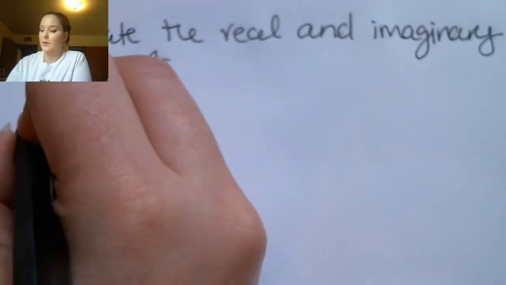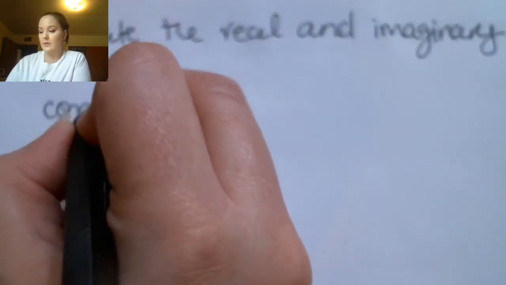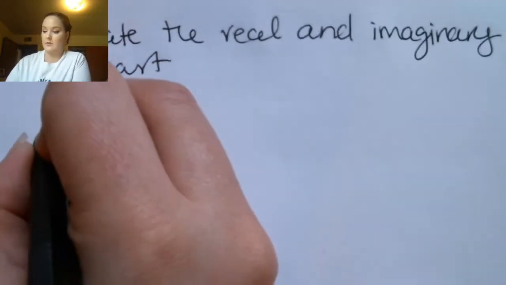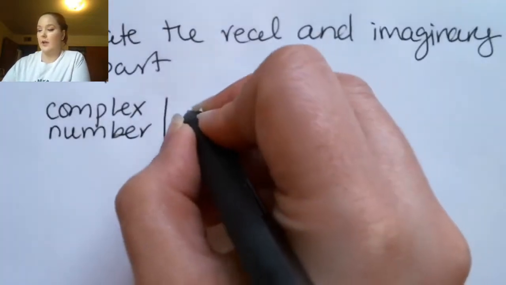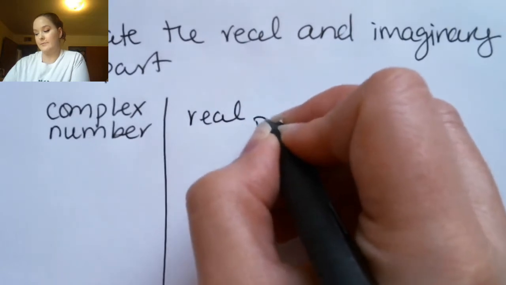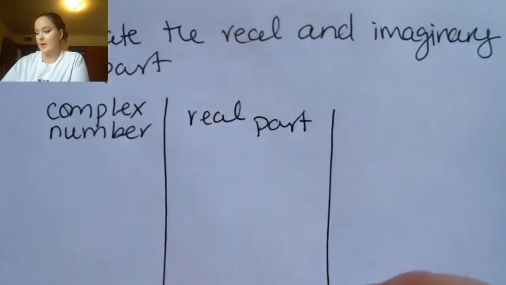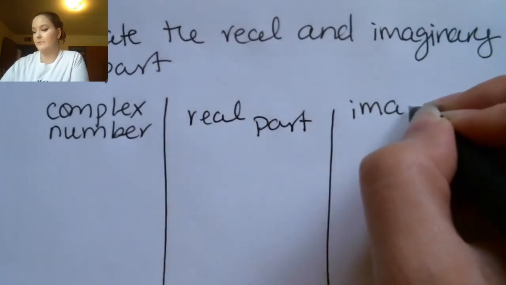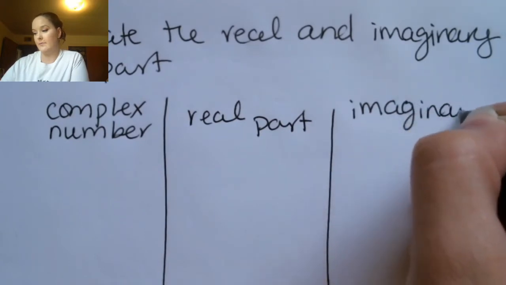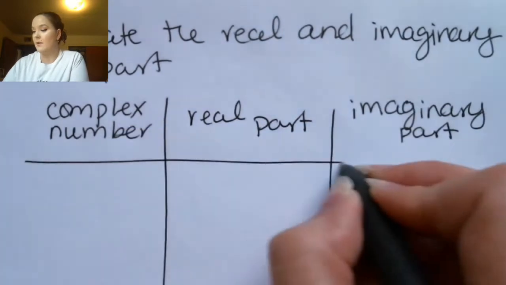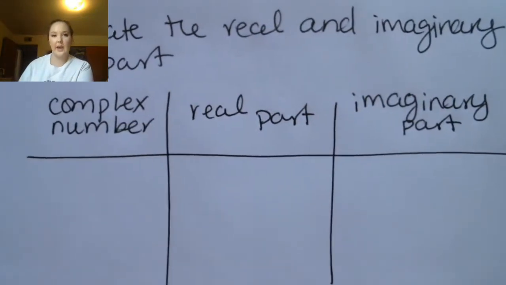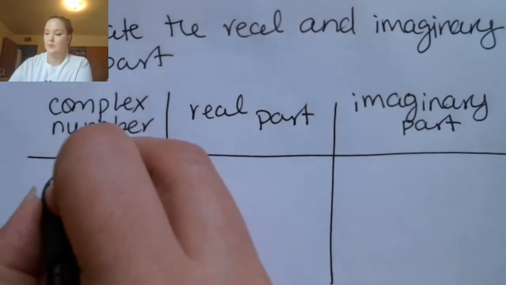Okay, so we're going to have the complex number. Okay, then we're going to have its real part. Okay, and then we'll have the imaginary part. Okay, and we're just going to look at each of the examples that we listed as a complex number.